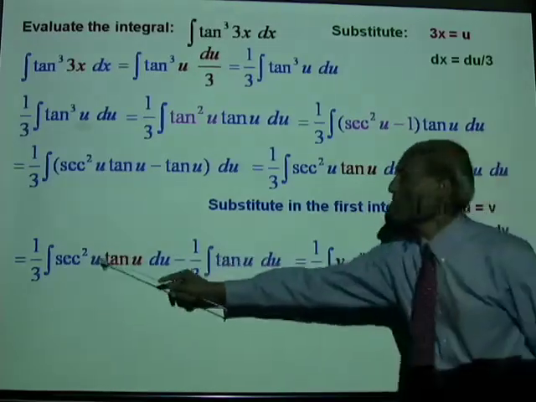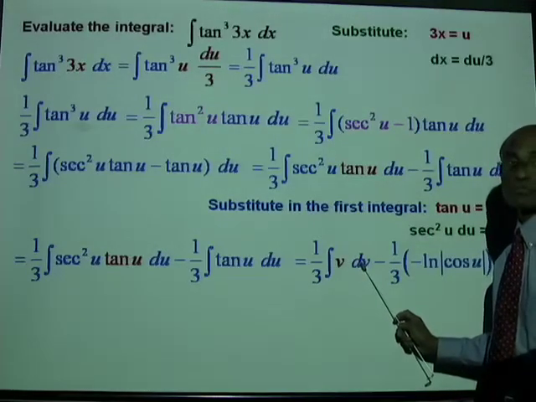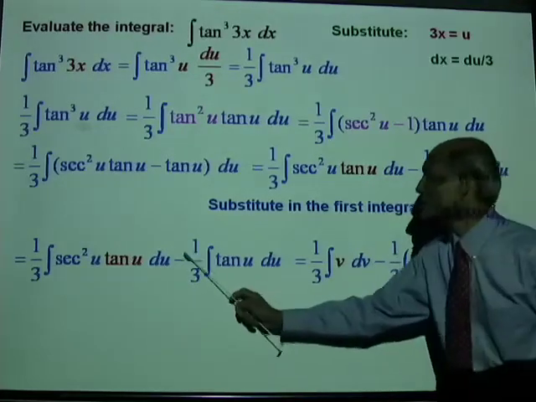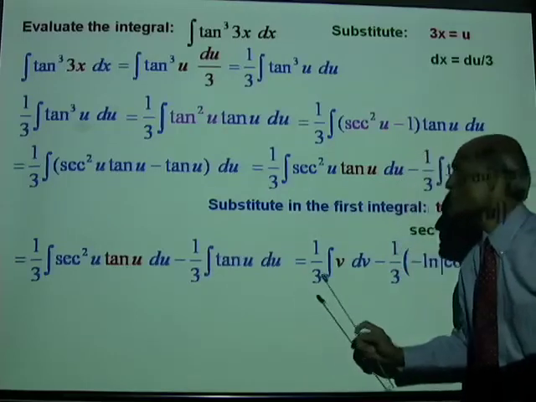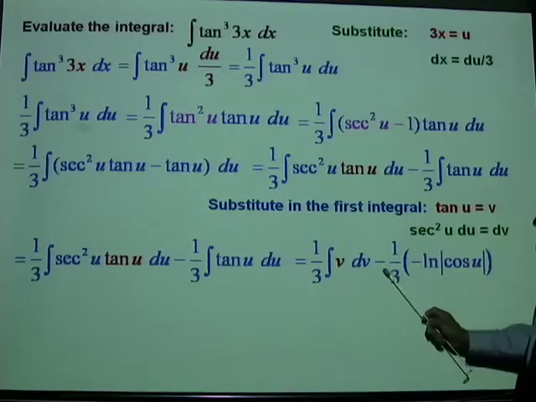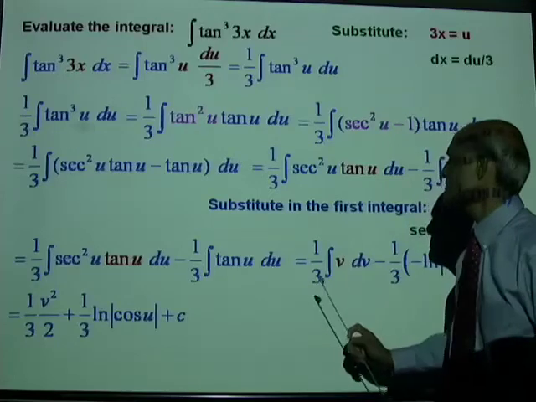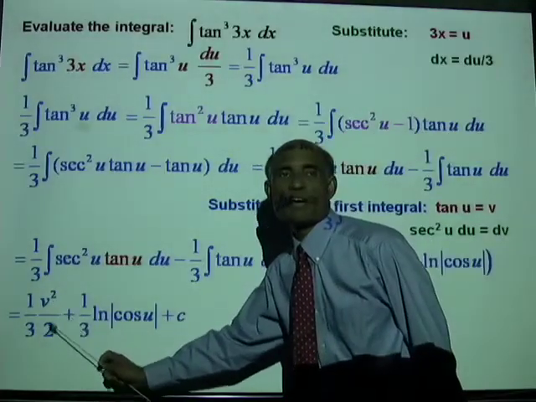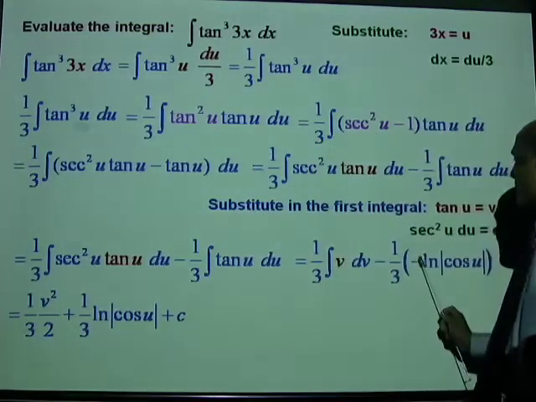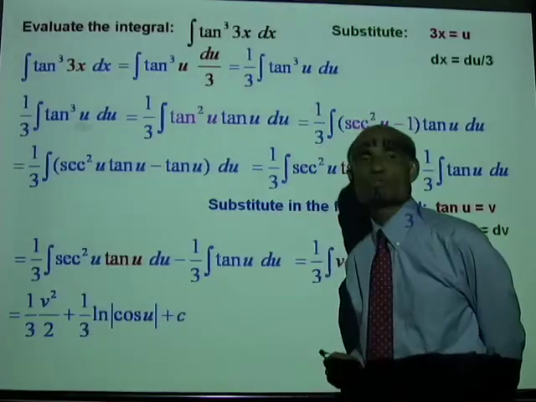Alright, so this becomes 1/3 integral of v dv, which we will leave like this, we will work it out in the next part, minus 1/3 integral of tan u du, which becomes negative ln cos u, and the two negatives will become positive. Now 1/3 integral of v dv is v squared over 2. So 1/3 times v squared over 2 plus, because of the two negatives, plus 1/3 ln cos u.